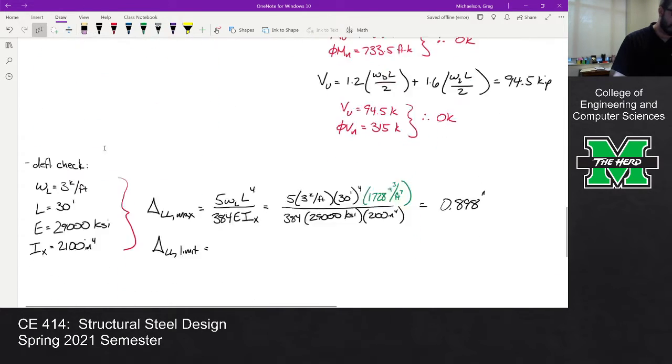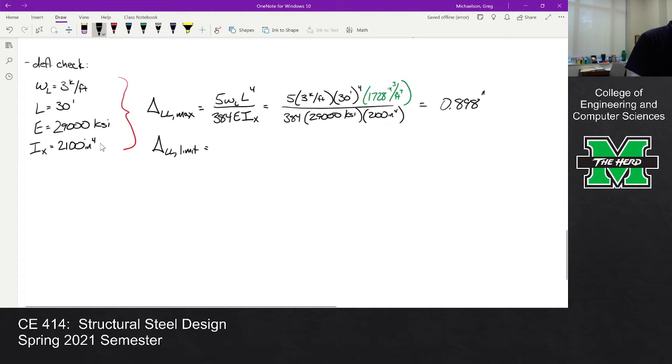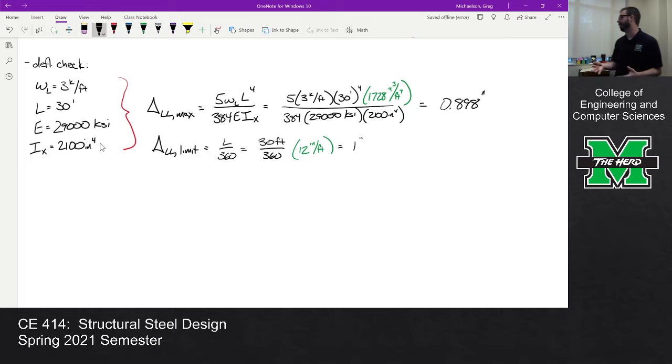So L over 360 is 30 feet over 360, but then we have to adjust that for units, and so it's 1 inch. The beam is actually deflecting 0.898 inches, and it cannot deflect more than 1 inch, so we're good here.